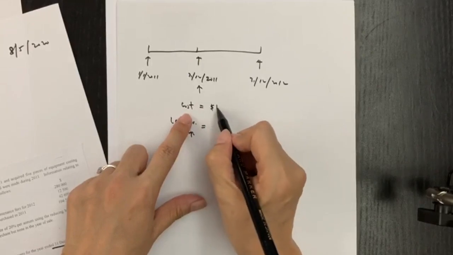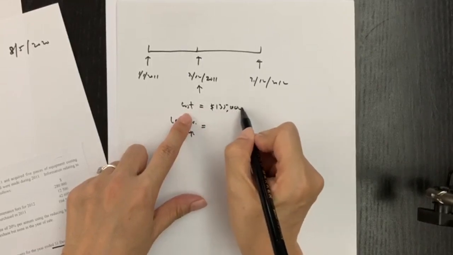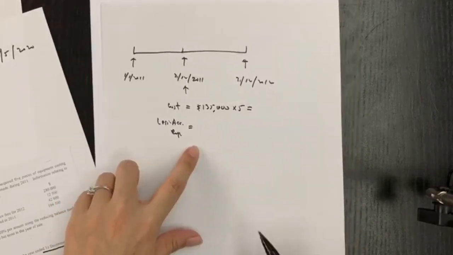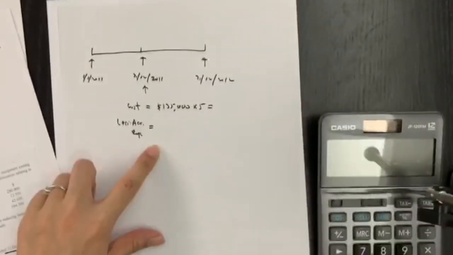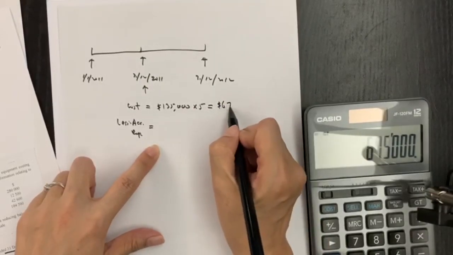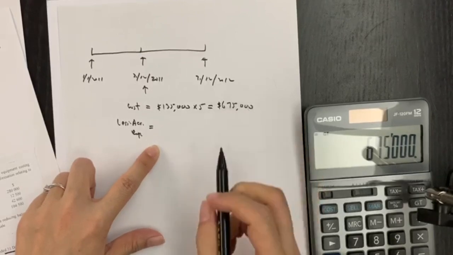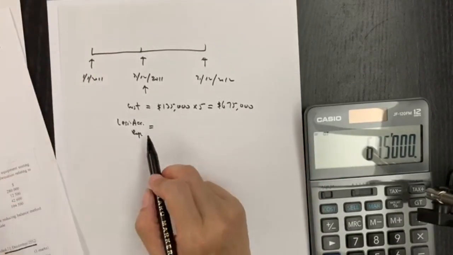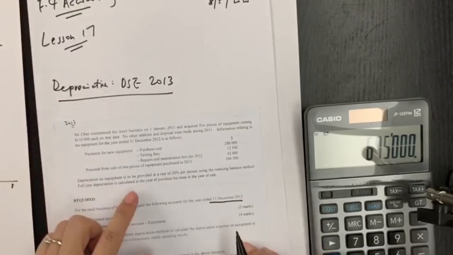So we have 135,000 for each, and there are 5, so that times 5. Okay, so I get my calculator here. 135 times 5, so I have this 675,000.